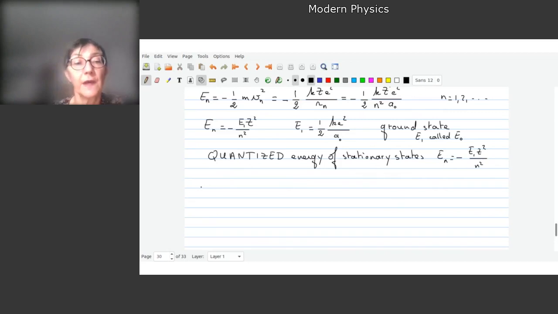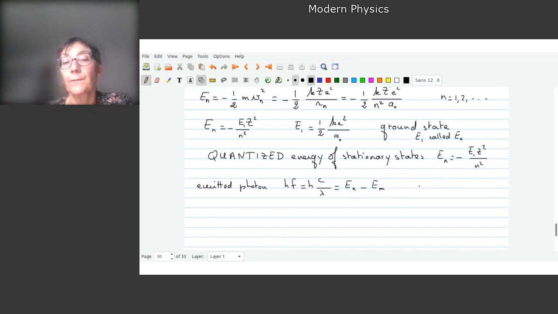As we know, the emitted photon has an energy hf equal to hc over the wavelength, which is equal to En minus Em, where n is bigger. This energy is higher than this one.